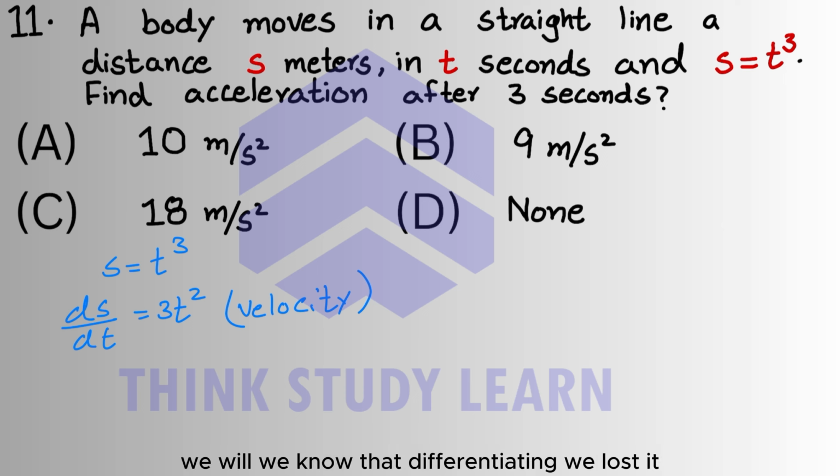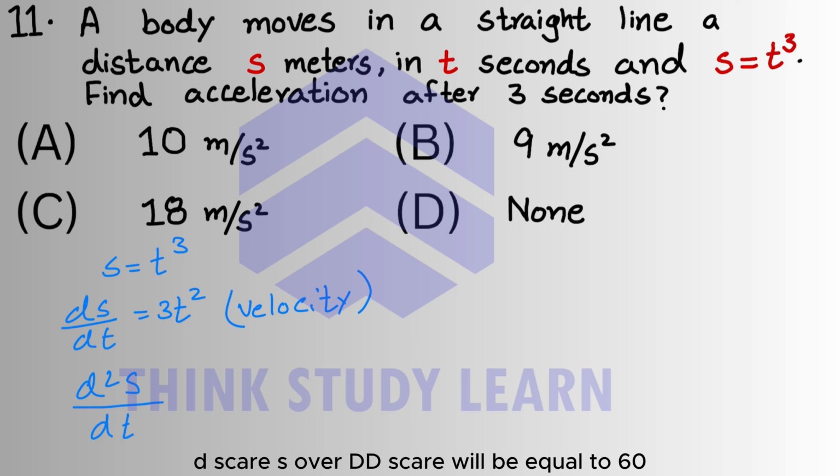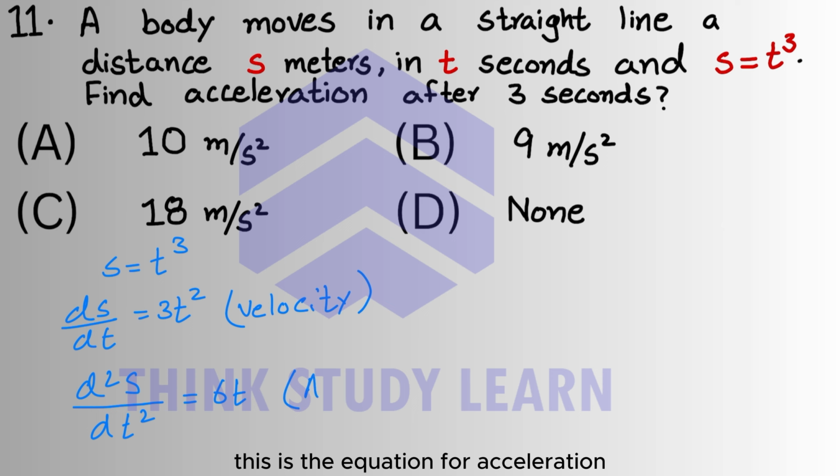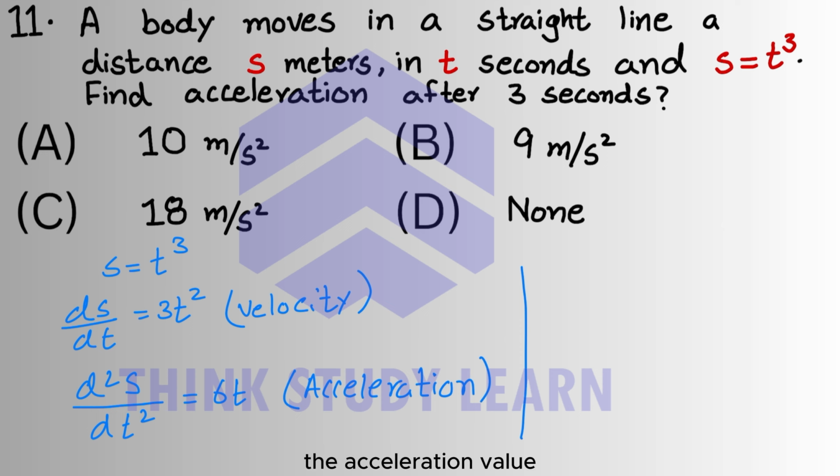Differentiating velocity, we will get acceleration. d square s over dt square will be equal to 6t. This is the equation for acceleration. Now we will simply put the value of t in the equation of acceleration, and we will get the acceleration value.